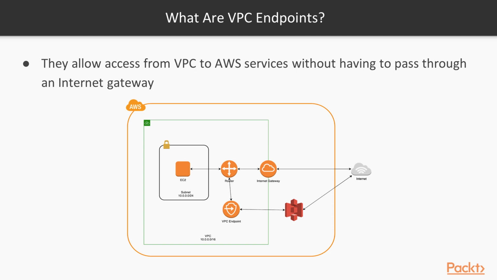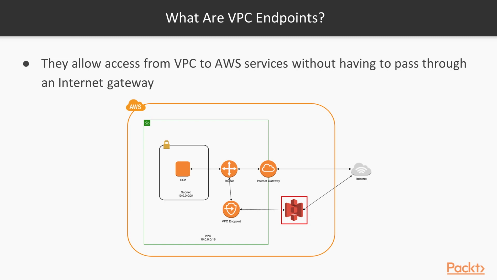So VPC endpoints allow access from your VPC to AWS services, such as S3, without having to pass through an internet gateway. So here we have a very simple example where we have a VPC running within AWS and a private subnet with an EC2 instance that wants to gain access to resources on S3, an S3 bucket.